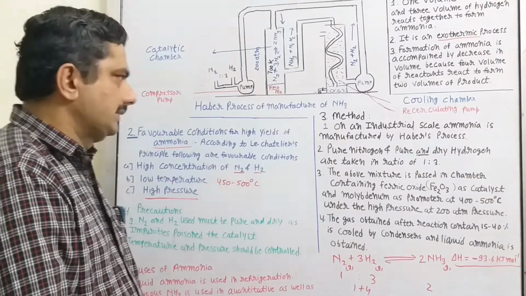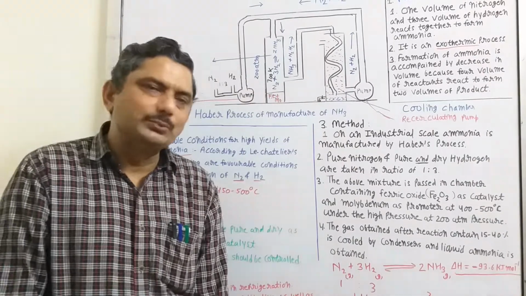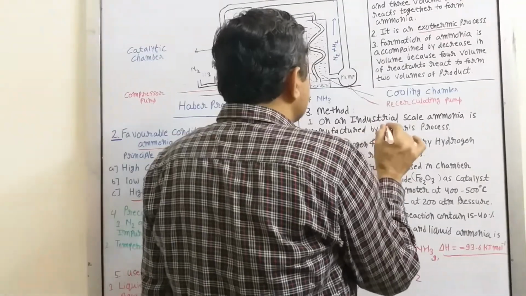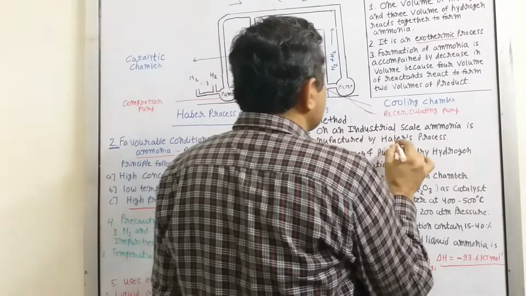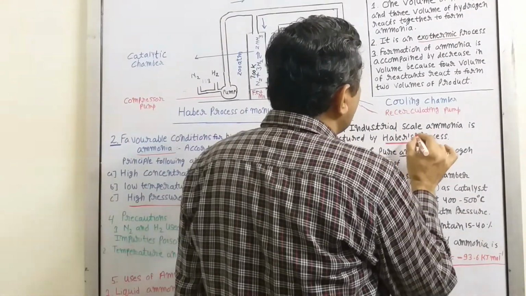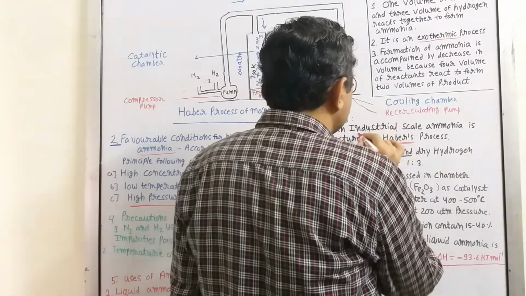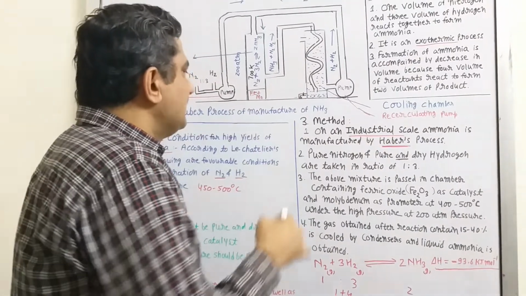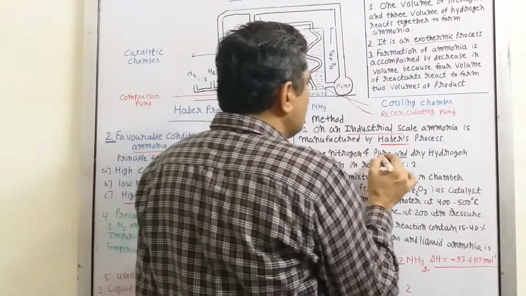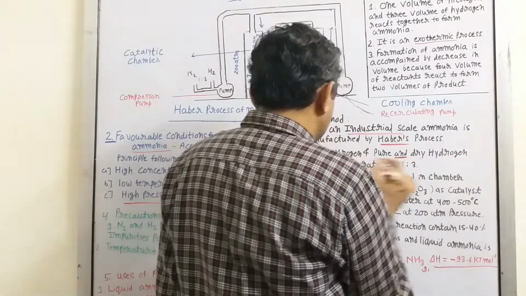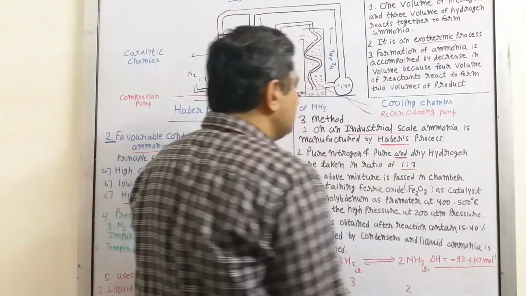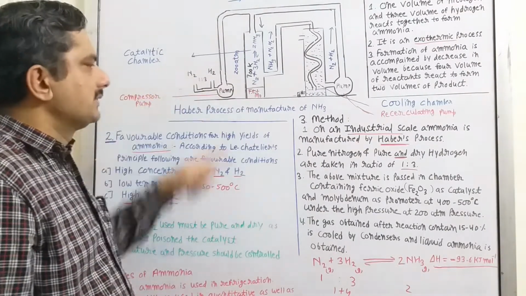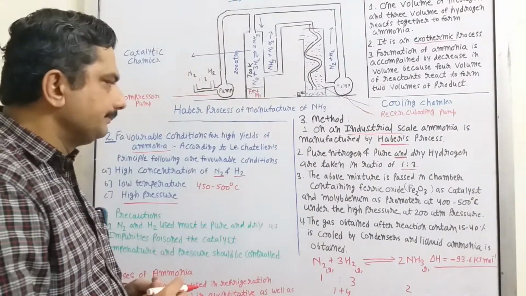Third, method: what to do and how to do. On an industrial scale, ammonia is manufactured by Haber's process. If we want to prepare ammonia on a large scale, then we use Haber's process. In this process, pure nitrogen and pure and dry hydrogen are taken in the ratio of 1:3.